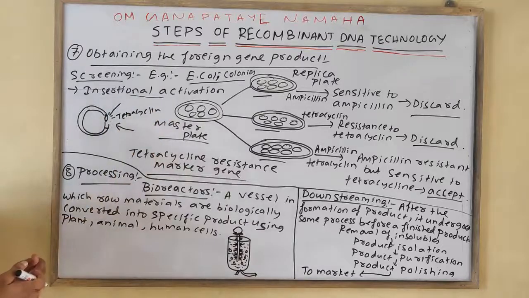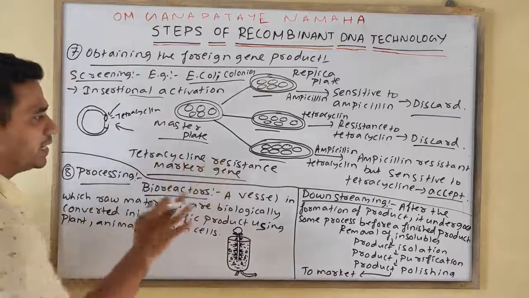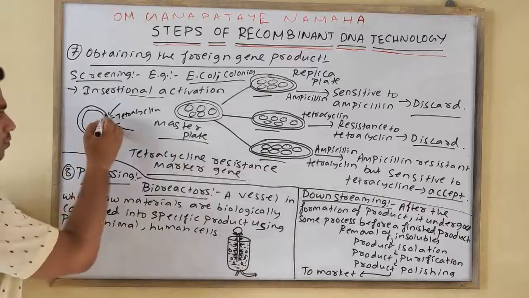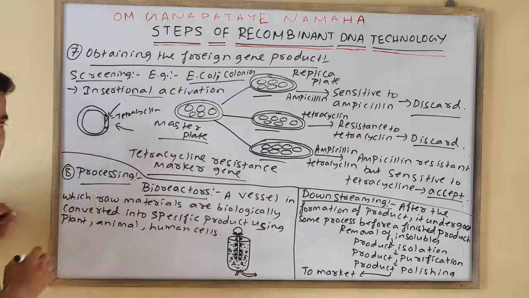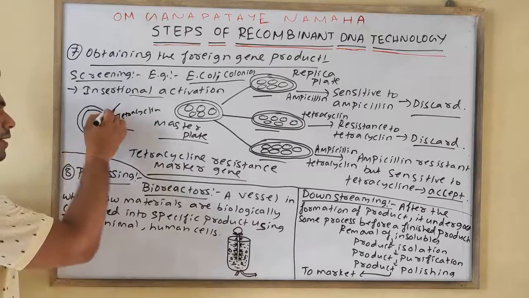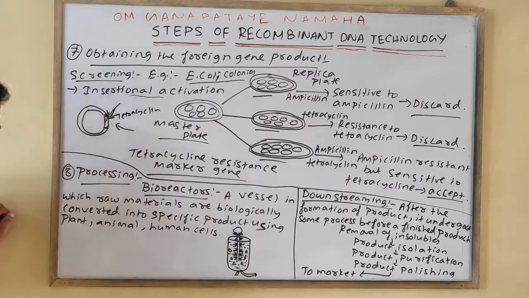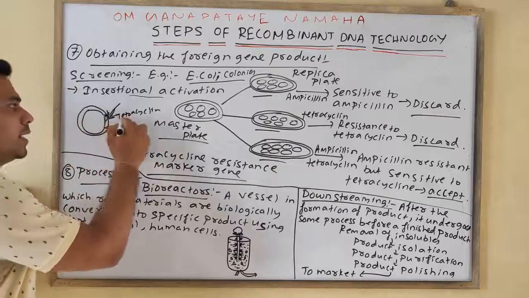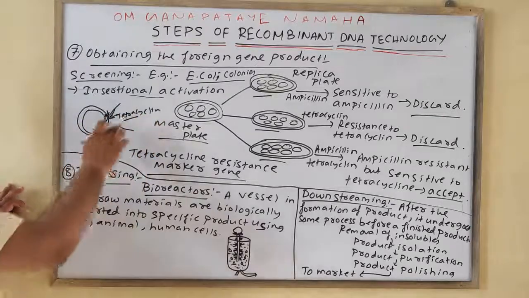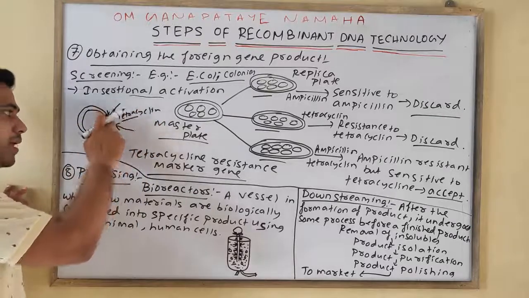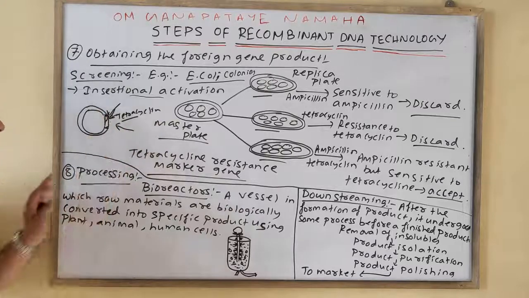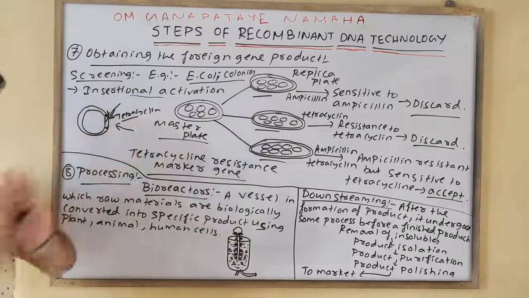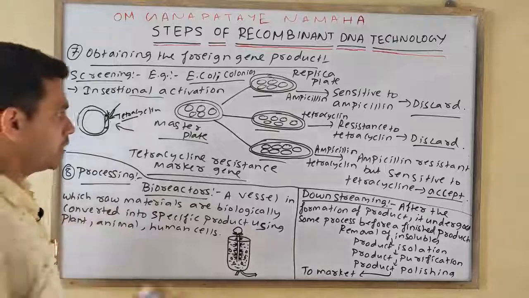So we are taking the tetracycline resistance marker gene. Before, it was resistant to tetracycline, but after applying the recombinant DNA, it is now sensitive to tetracycline. Is your concept clear?